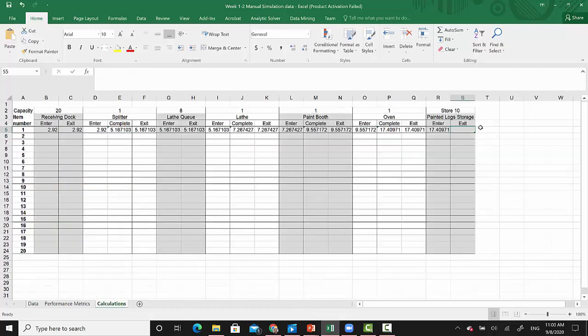So the calculation here, this exit time actually equals the 10th item's exit time, which we don't know yet. But I'm going to just put this formula here to make sure that when we have the value here, it's the same. And you will imagine that for the first 9 items, the formula is the same.